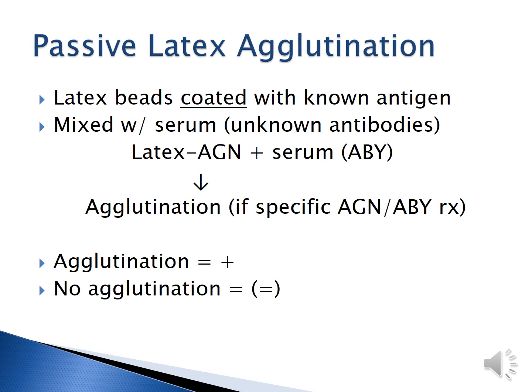So we will basically mix our serum with the latex bead coated antigen, and if we have agglutination, then we have a positive test, and we will know that this patient has the antibodies to the specific antigen we are testing for. If the test is negative, then we'll have no agglutination, and this particular patient will not have the antibodies that we're looking for.